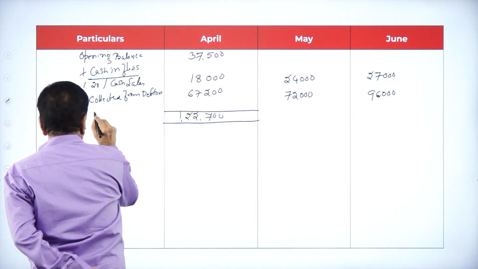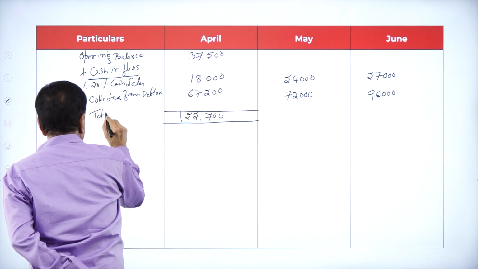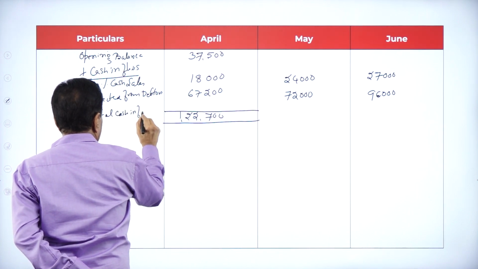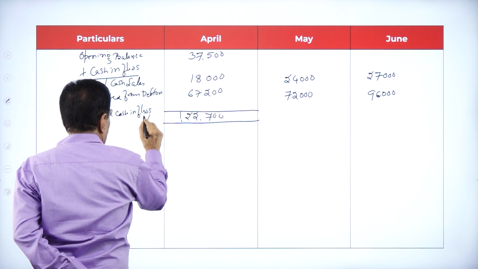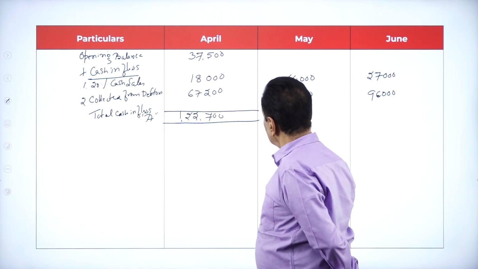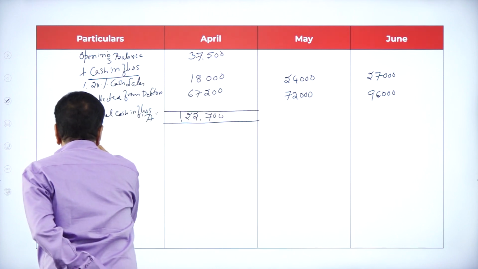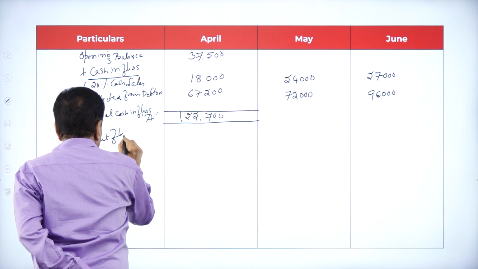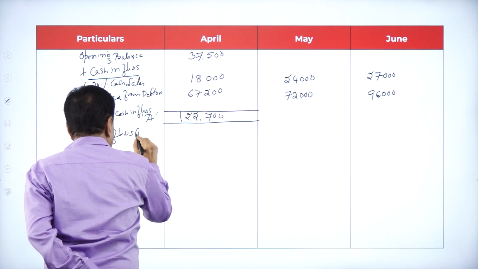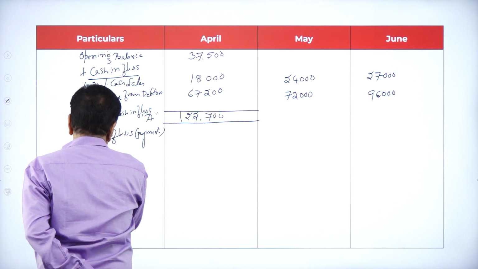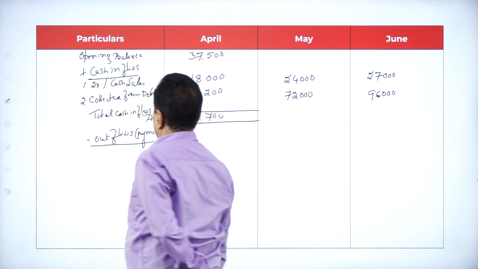Total cash inflows. You call this as A, minus outflows. This is your payments. Outflows is payments.